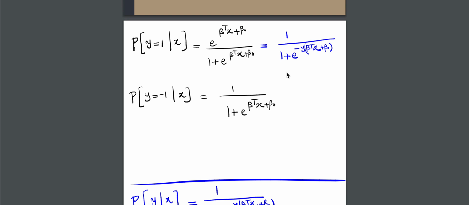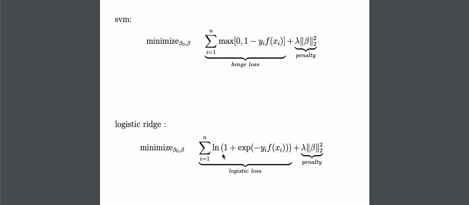So let's look at this. This is an alternative way of looking at logistic regression. If we use 1 and -1 as our labels, as opposed to 1 and 0, before we did 1 and 0, now it's 1 and -1. The meaning is the same, it just changes the formulation a little bit, and I want to show you where this comes from.